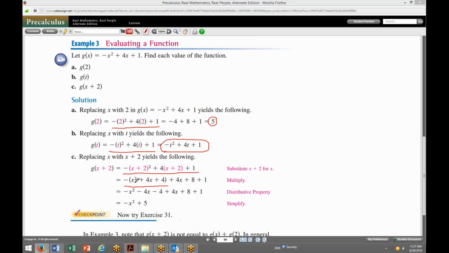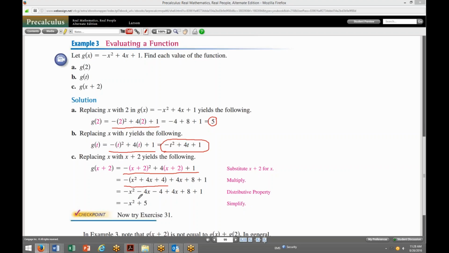And then you expand the x plus 2 squared, get x squared plus 4x plus 4, still in parentheses being subtracted. Then distribute this minus sign to all three terms in the parentheses, making it negative x squared minus 4x minus 4. Multiplying the 4 times the x plus 2, distributing the 4 makes it plus 4x plus 8. Of course, still the plus 1.